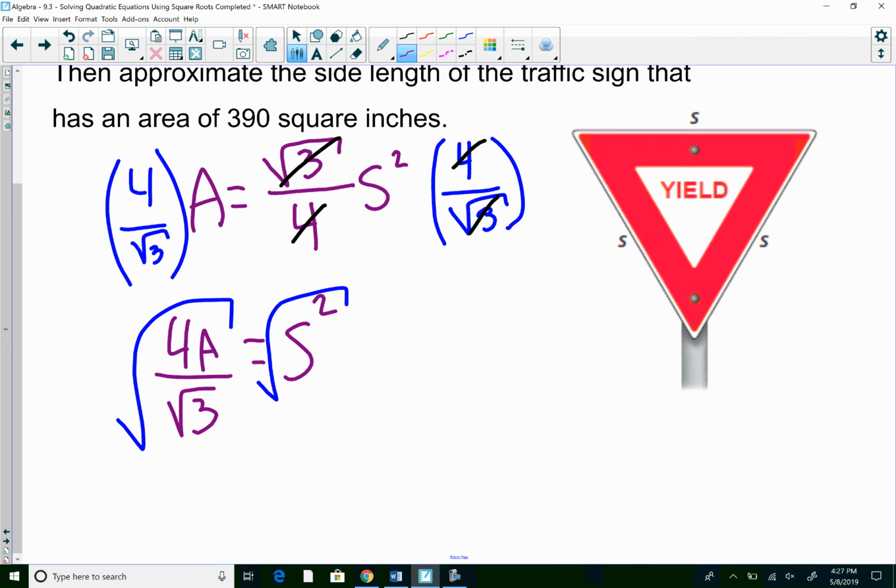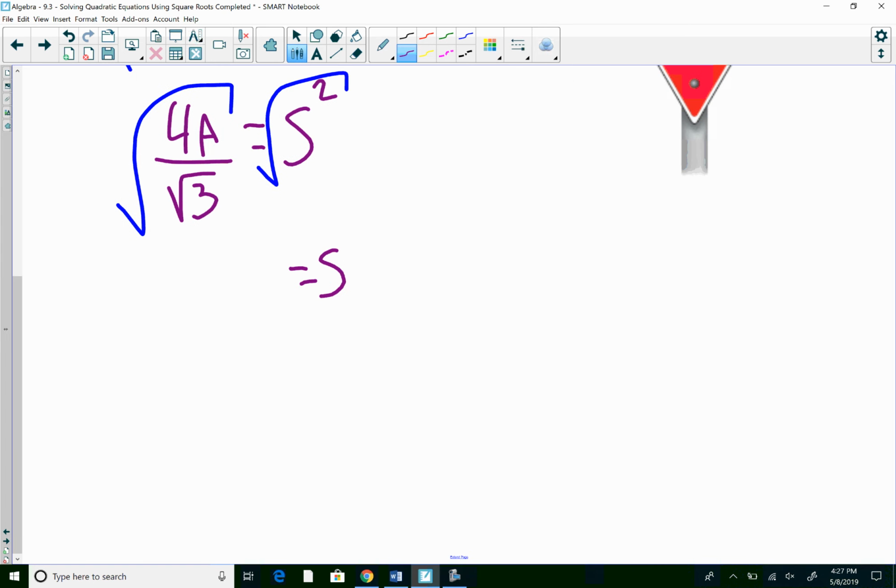So it's kind of a weird concept. But what happens here is you end up with the square root of 4A all over the square root of 3. And yes, it is legal for you to take a square root of a square root. It's just weird to look at.